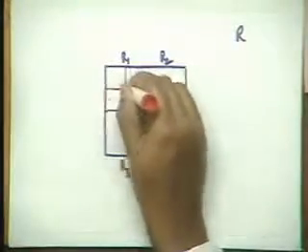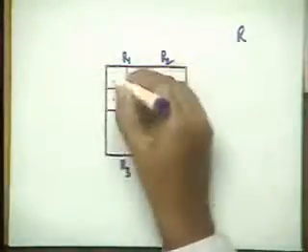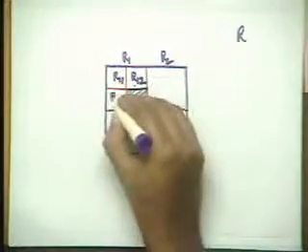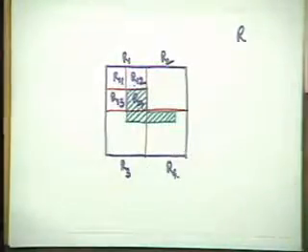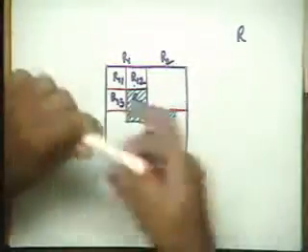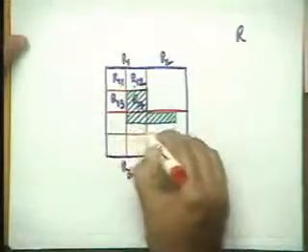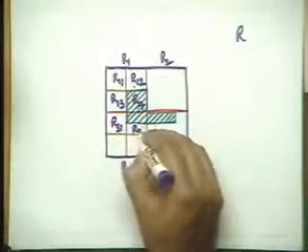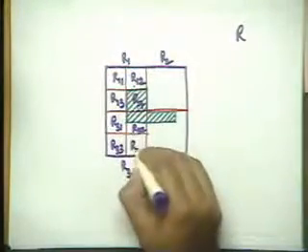For R1 I get 4 subdivisions, call them R11, R12, R13 and R14. For R3 I make 4 subdivisions, call them R31, R32, R33 and R34.